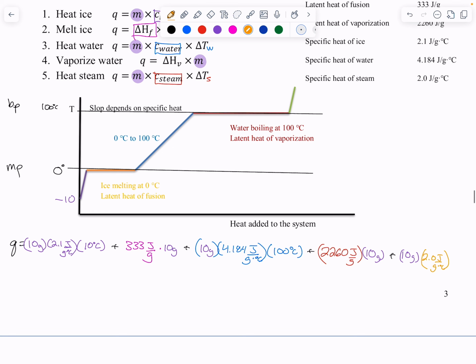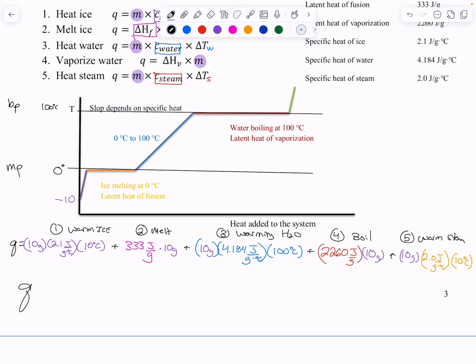So 10 degrees Celsius for that. All right, so we have step 1, warming the ice. Step 2, melting. Step 3, warming the water. Step 4, boiling. Step 5, warming steam.